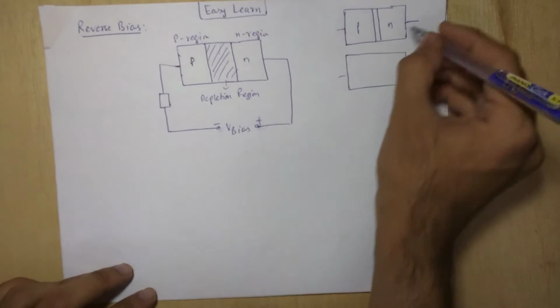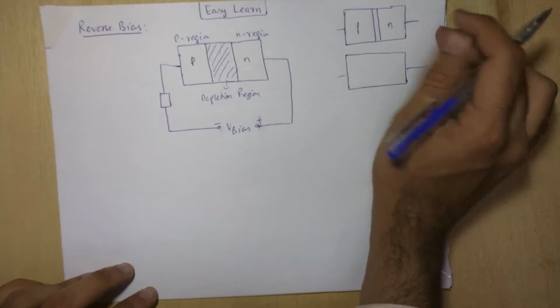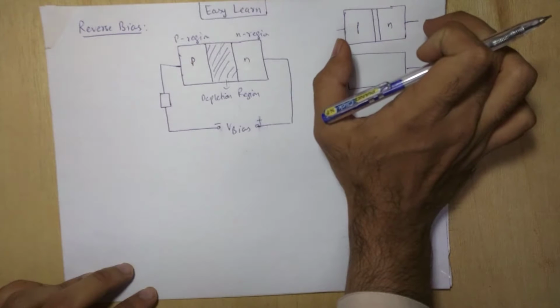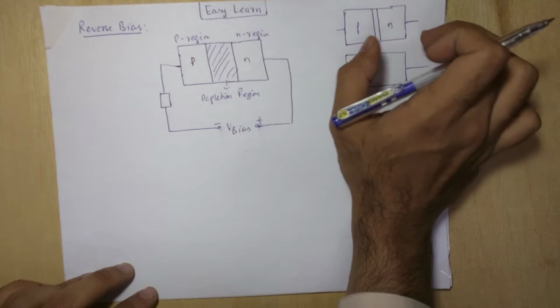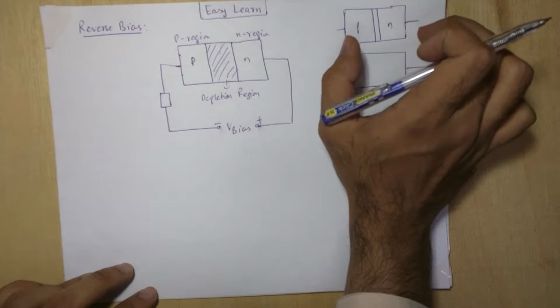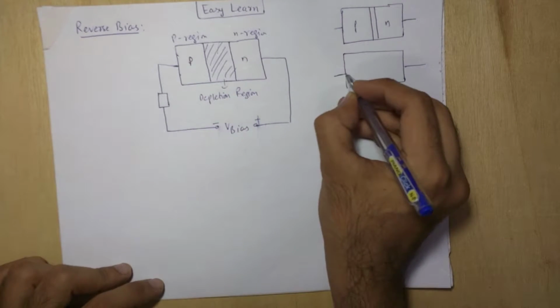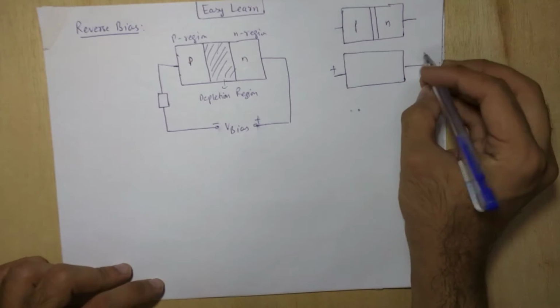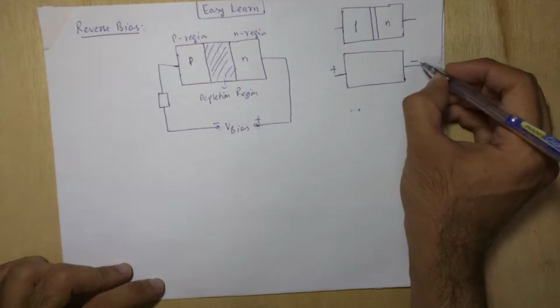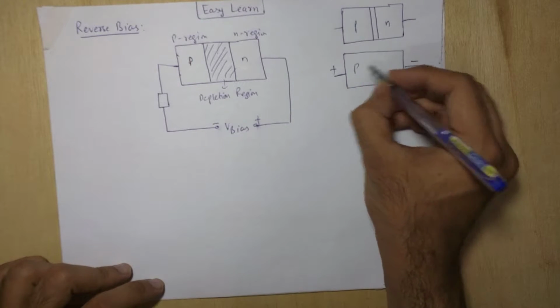Here, the positive is connected with the P side and the negative is connected to the N side. This is P and this is N.